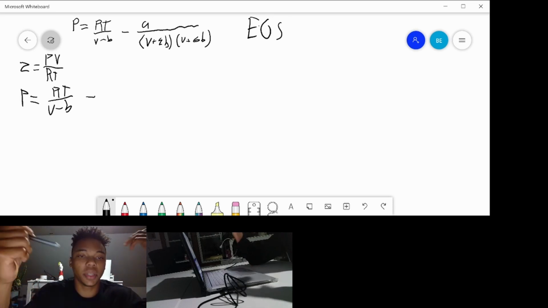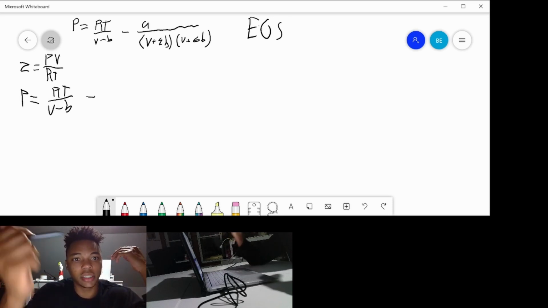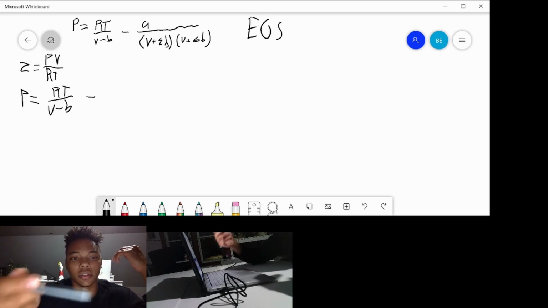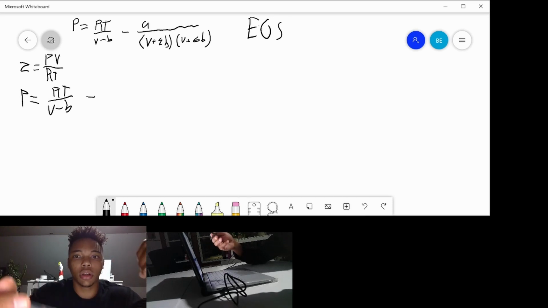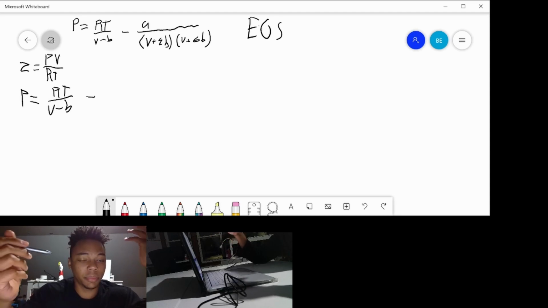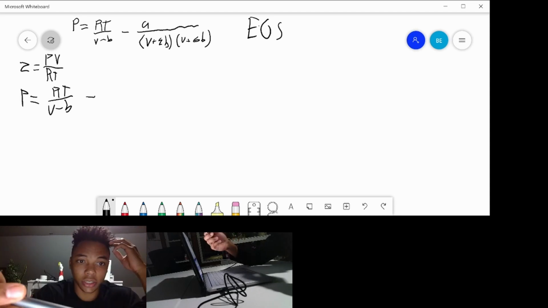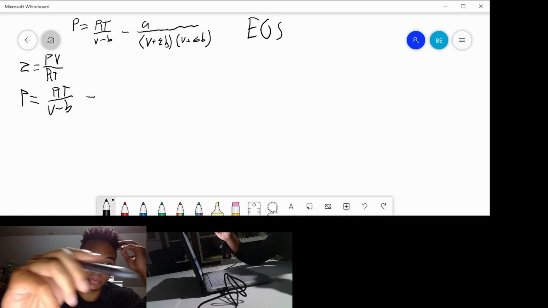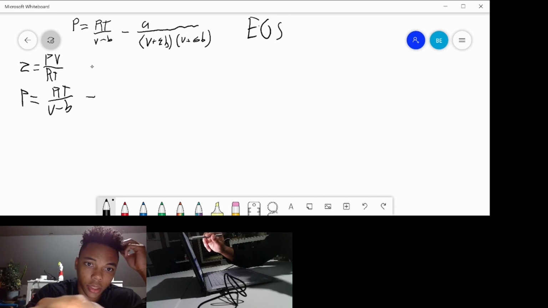When we look at Z, it's PV over RT. And in our initial equation of state, RT is on top. So we need to get rid of the RT on top and find a way to put our pressure up there. So we're going to multiply top and bottom by P over RT.